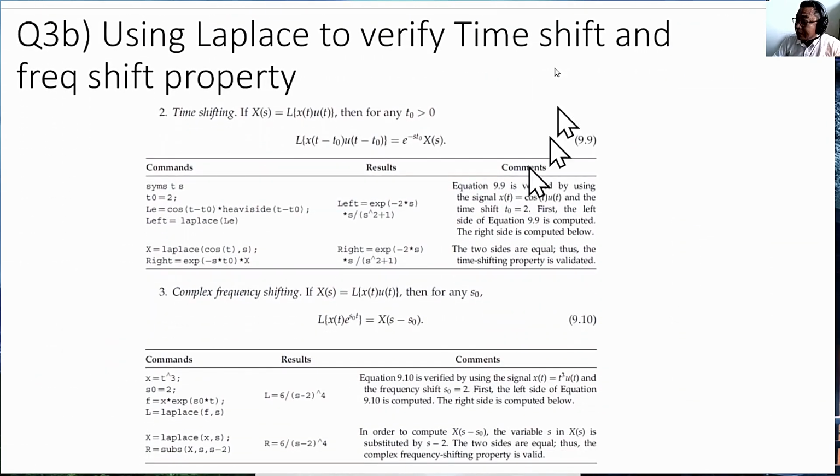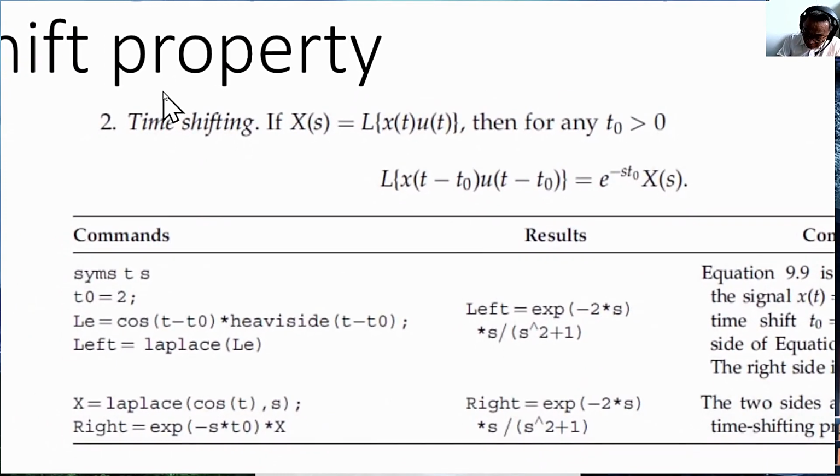We can also use MATLAB to verify the time shift and frequency shift properties. What is the time shift property? It is when we have the signal x(t)u(t), and this whole signal is delayed by t0. So not only x(t) is delayed by t0, u(t) is also delayed by t0. So the whole signal is delayed by t0.